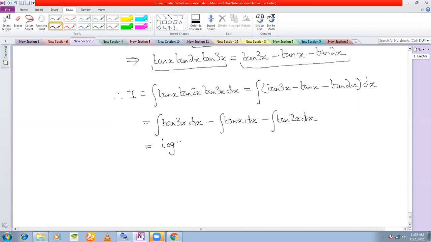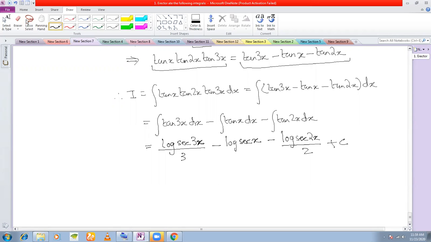But you have 3x here, so it is log sec 3x. But because it is 3x, I will divide it also by the derivative of 3x, which is 3. This is simply log sec x, and this is similarly log sec 2x divided by derivative of 2x. Okay, that's it. That is your required integration.